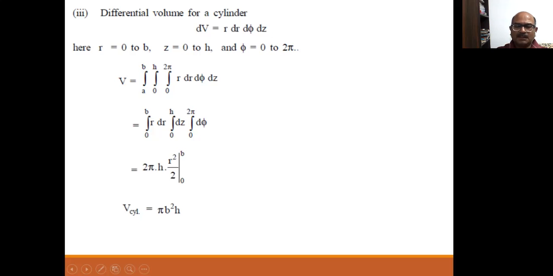But again, please remember, we have used here the concept of triple integration, number one, and we have used the concept of a small differential volume in the cylindrical coordinate system.